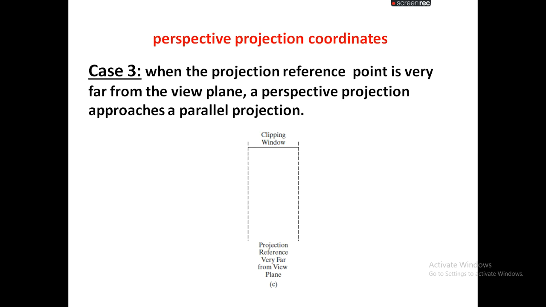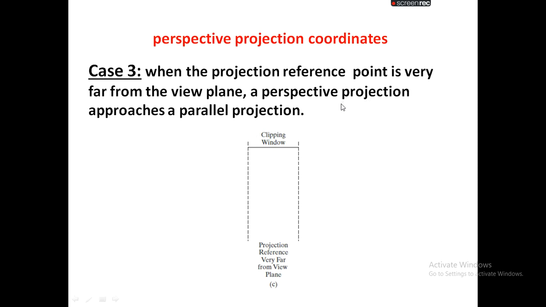When the projection reference point is very far from the view plane, means if I place the projection reference point at an infinite distance from the view plane, then perspective projection becomes parallel projection.